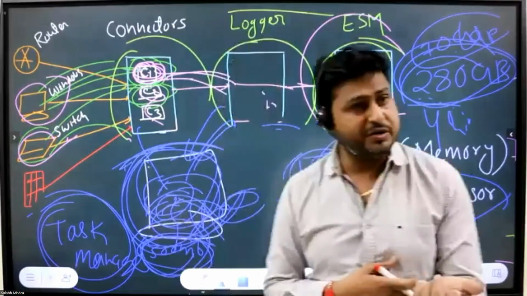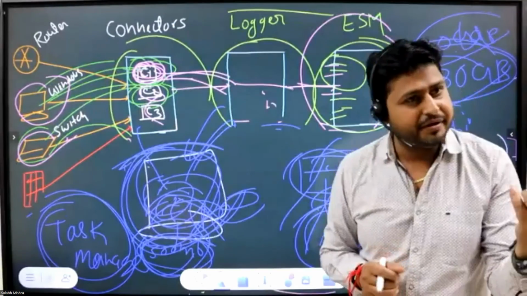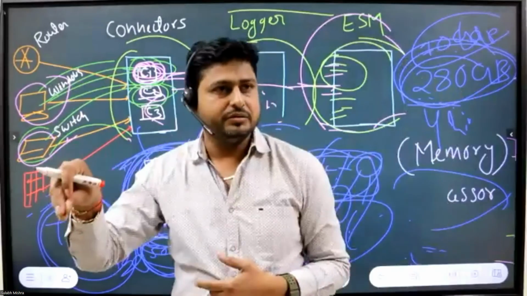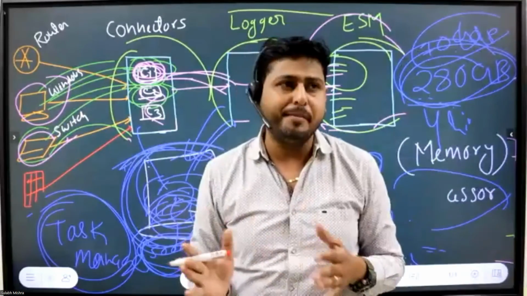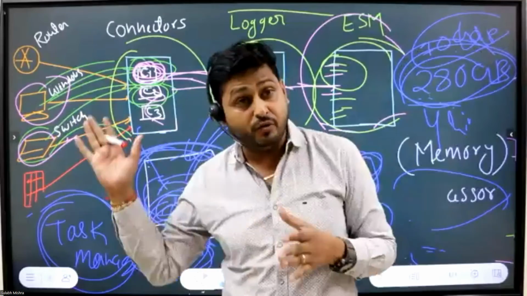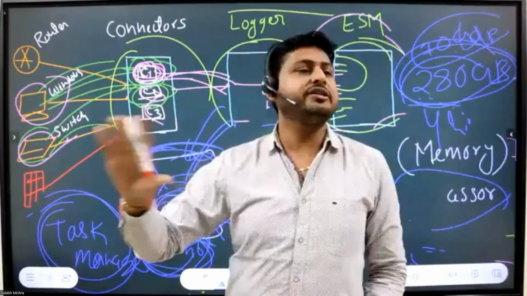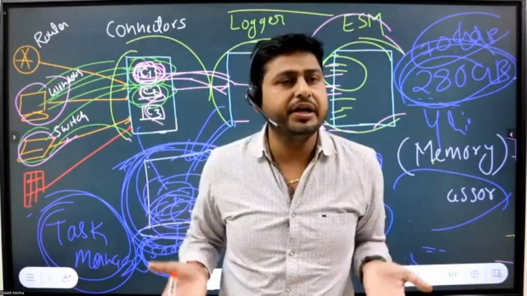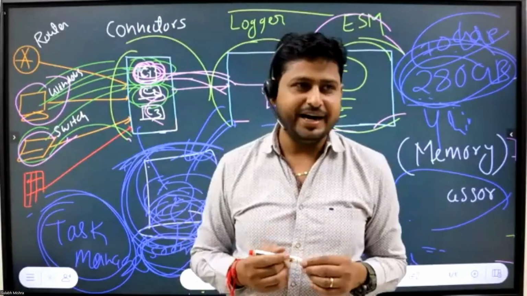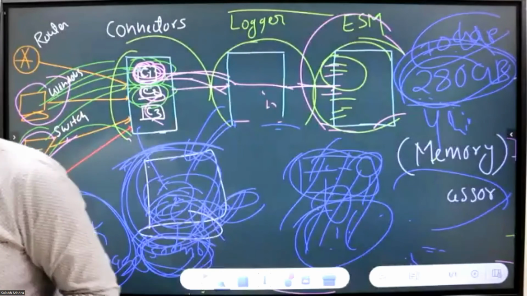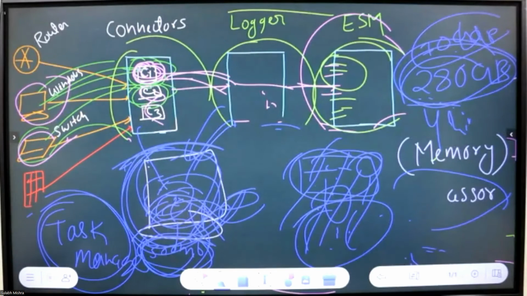So whenever the system is slow, mostly we look at CPU and memory. We check which task is eating more CPU and memory. If anything is configured to use more CPU or memory, we can kill those tasks or disable those applications which are eating more memory. Understand? Now you'll be able to understand how much RAM and CPU you require in the system.